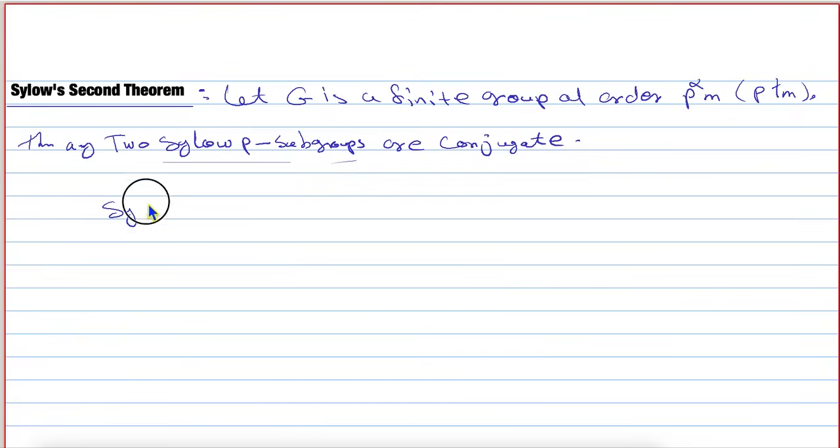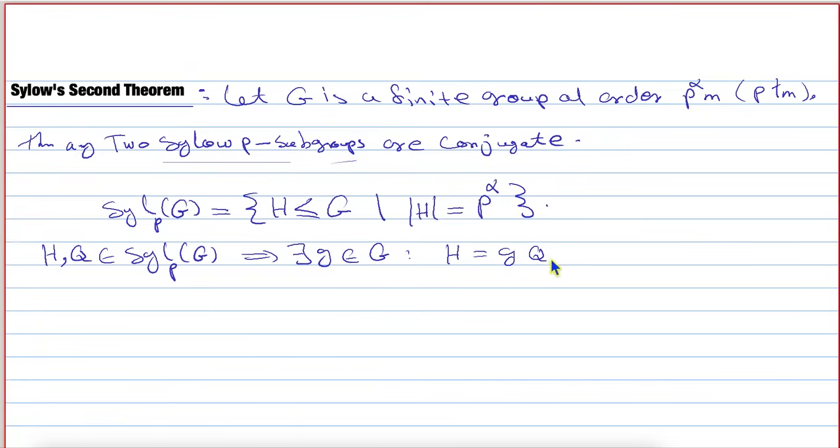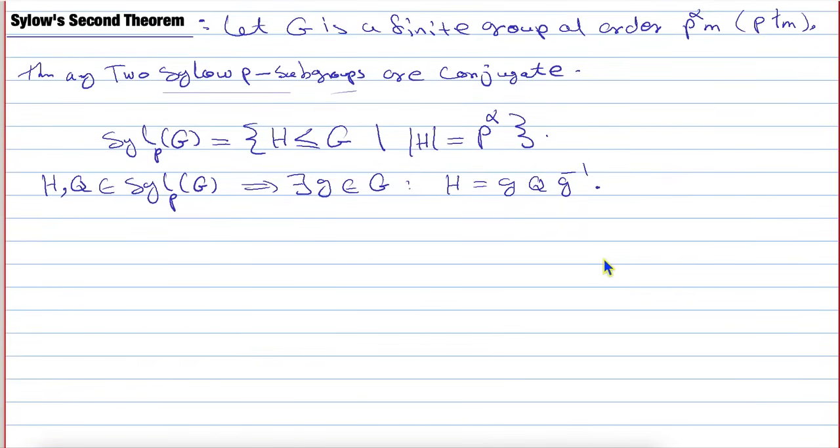So if this is the set of all Sylow p subgroups, which is the subgroups H of G such that the order of H is p to the power alpha, then any two subgroups H and Q in this set are conjugate, meaning there must exist some element g in the group G such that H equals g Q g inverse.